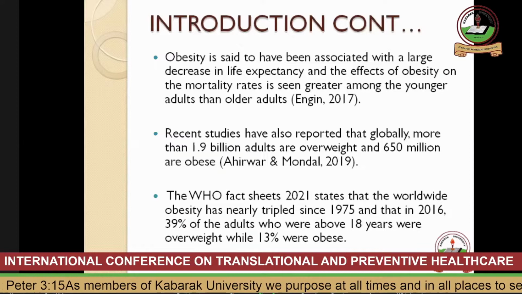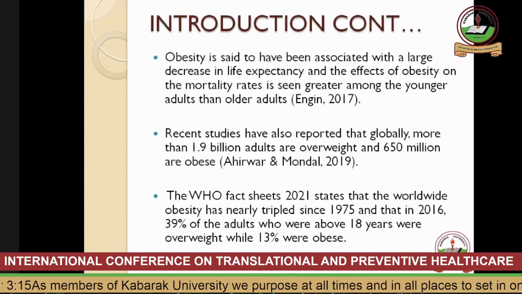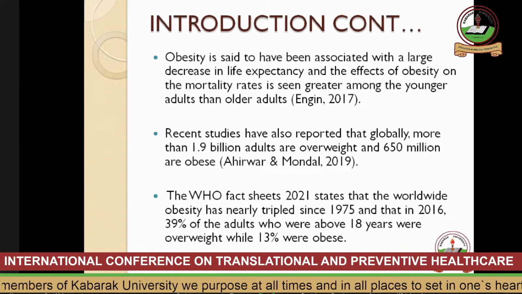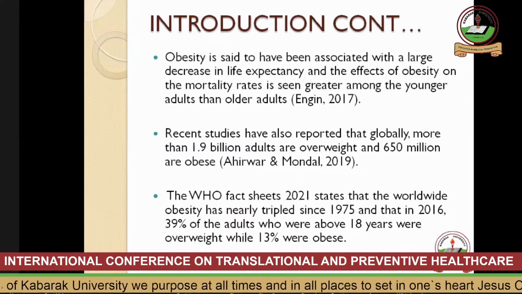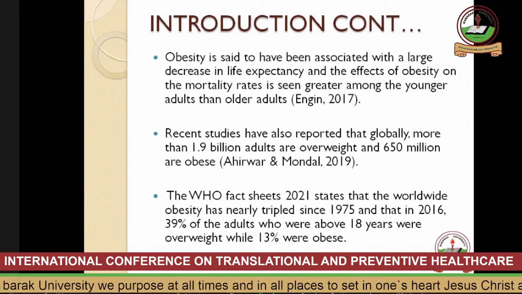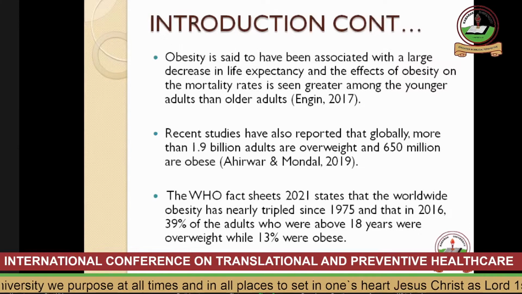Globally, more than 1.9 billion adults are overweight and 650 million are obese. The WHO fact sheet of 2021 also states that worldwide obesity has nearly tripled since 1975, and that in 2016, 39% of adults above 18 years were overweight, while 13% were obese.